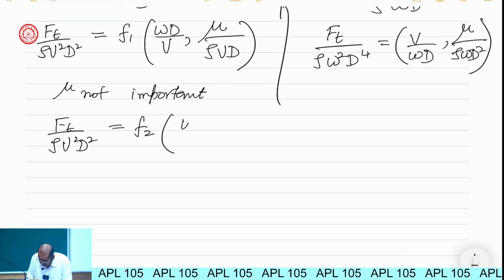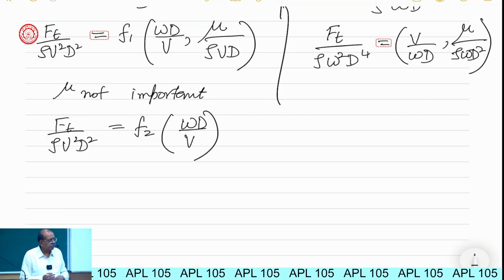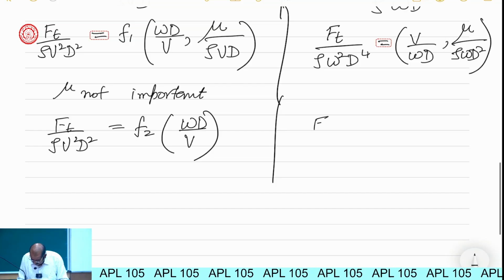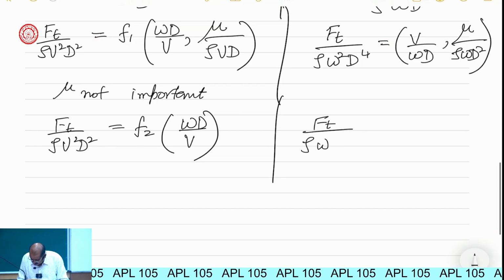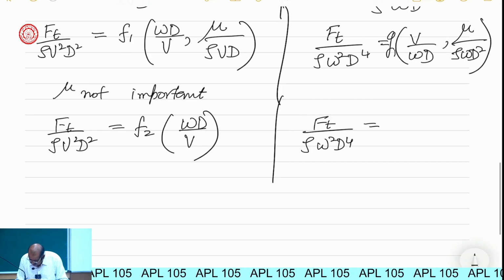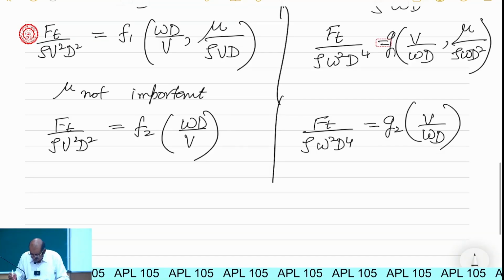Okay, so because mu is not important, we can directly write Ft upon rho v square d square is some function of omega d by v. And if I'm using this one, I will get Ft upon rho omega square d4 is equal to some function of v by omega d.